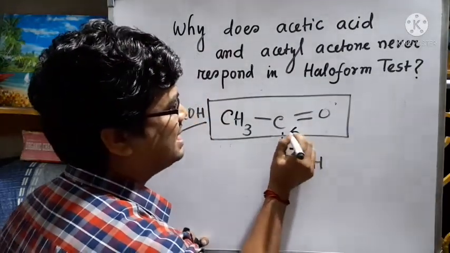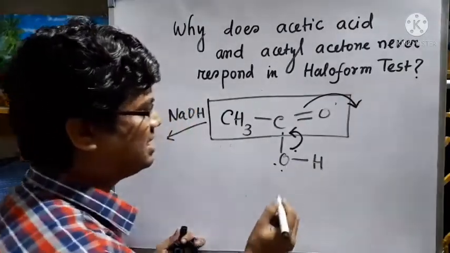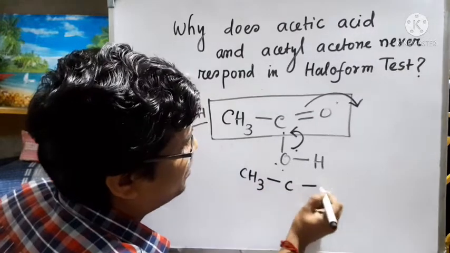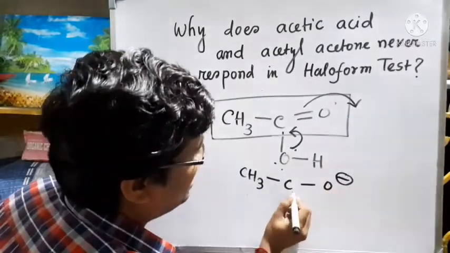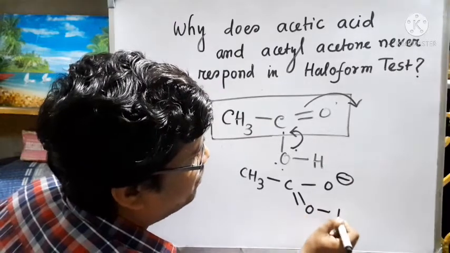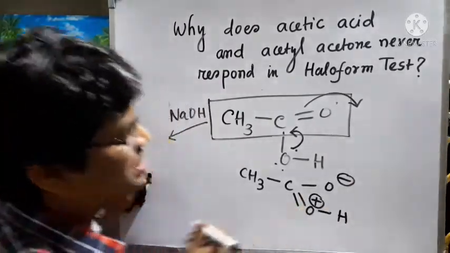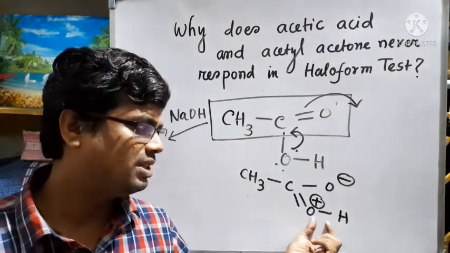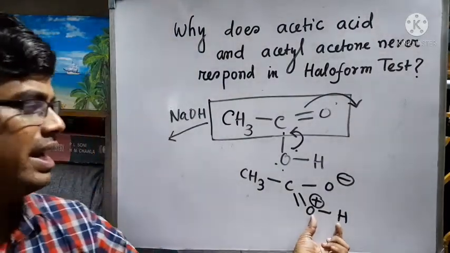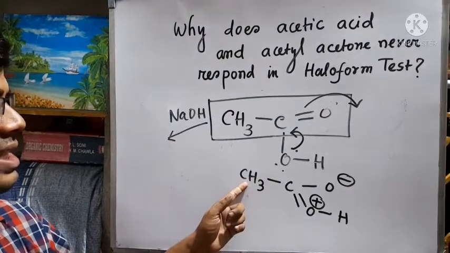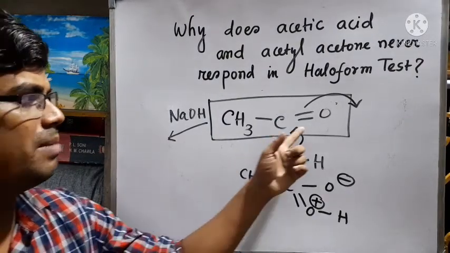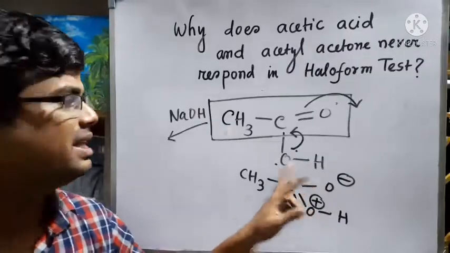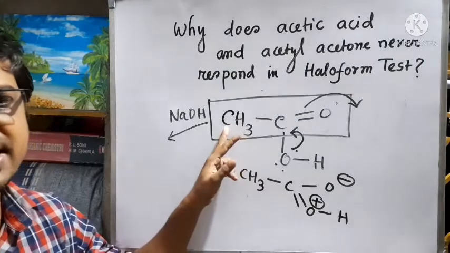This acetic acid, due to its resonating structure, look over here, CH3CO minus and O plus. This resonating structure shows that the oxygen possesses a positive charge, so this OH group is easily broken instead of this CH3. So the minus I effect of this carbonyl group is more effective for the OH group than for the alpha hydrogen. It is also the acetic hydrogen.